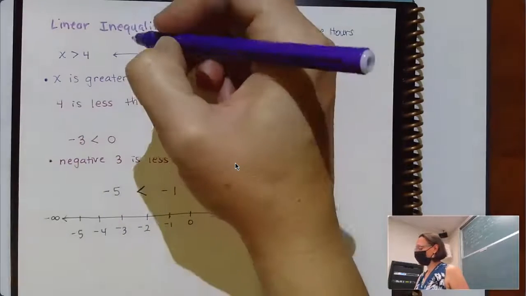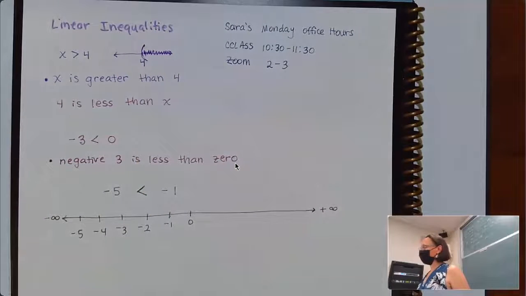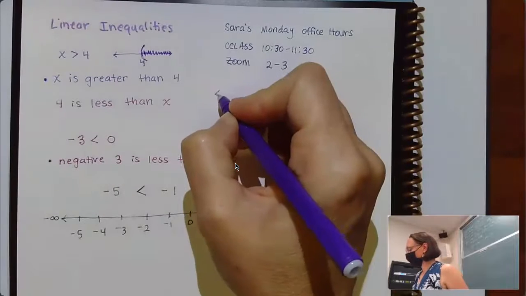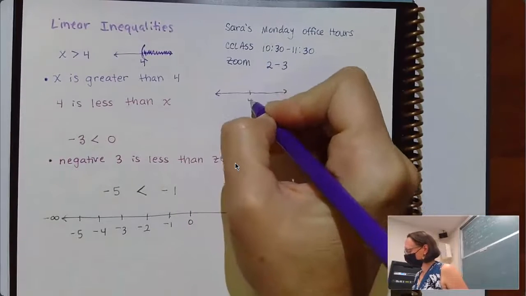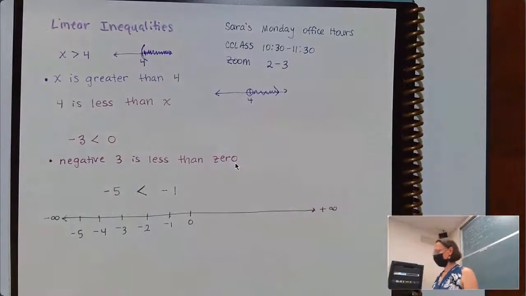I can either use parentheses or an open circle. And that's just a way of graphing all of those possible X values.